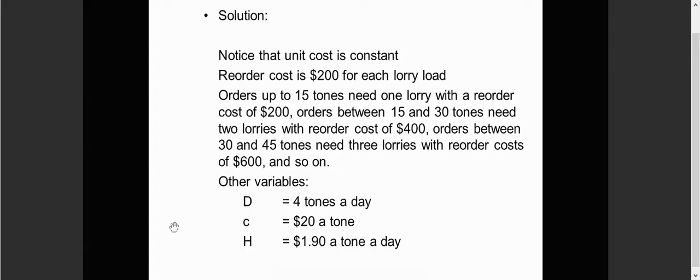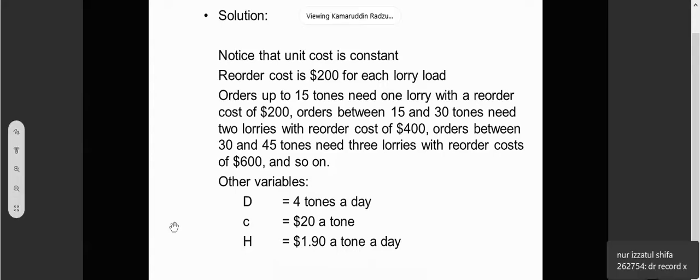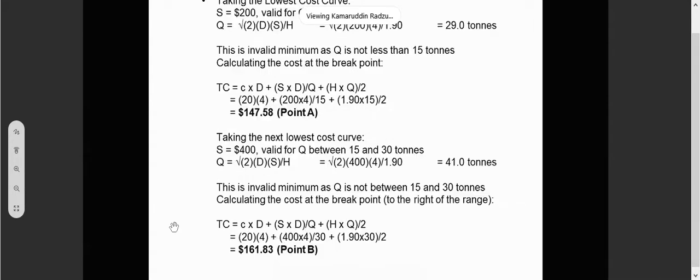So we also have information about the daily demand at 4 ton a day, the unit price at 20 ringgit per ton, and holding cost is 1 ringgit 90 cent a ton a day.